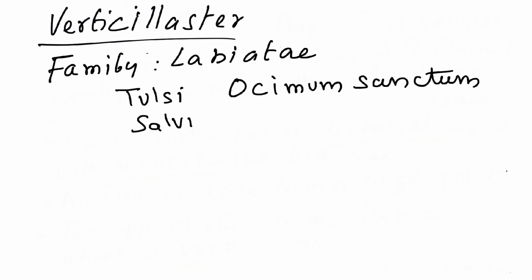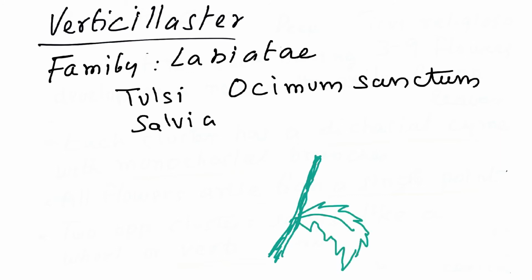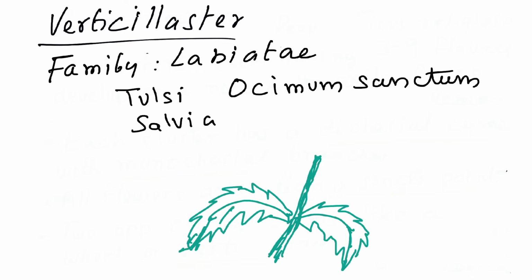Let's look at a diagram to get a finer, broader picture of what we are discussing in Verticillaster. You have the leaves coming out on the opposite sides of the stem, and the particular feature, that is the verticil, the overcrowding of the floral part. The overcrowding of the flowers is clearly indicated in the diagram.